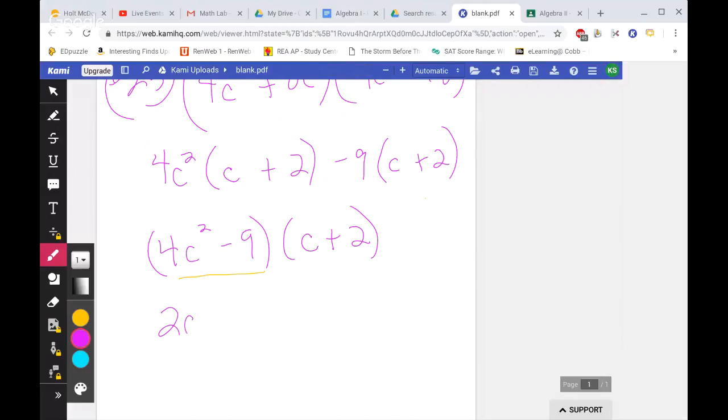Minus 3. Yes. And since it's the difference of two squares, the first factor is going to be 2c minus 3, and the second factor is going to be 2c plus 3. That's the answer. Yes, that's the final answer.